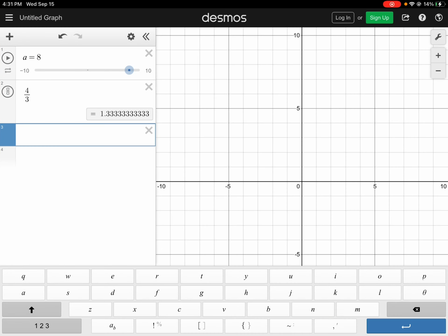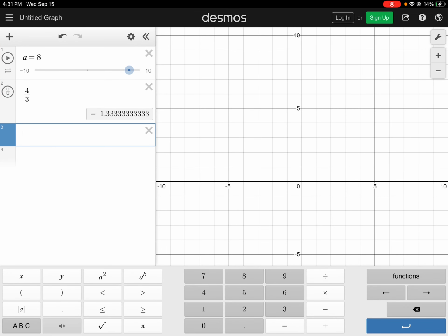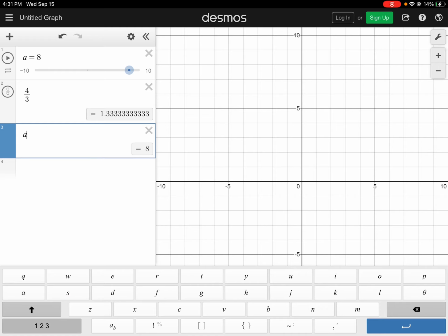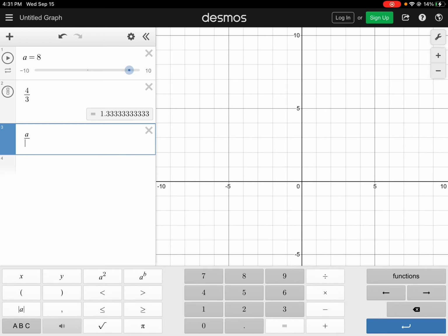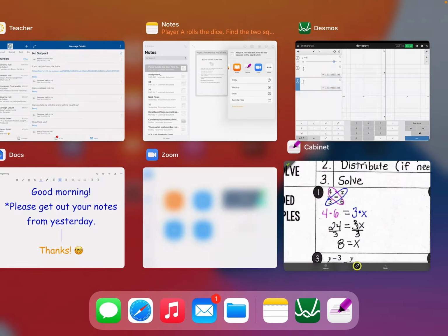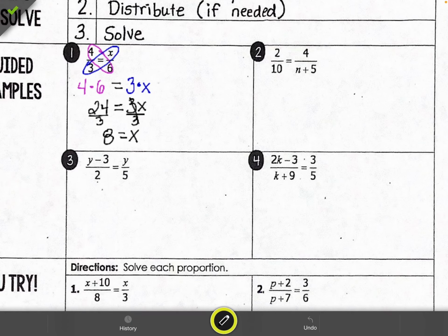Yes. We're going to type in A divided by 6. And if we got the right answer, the number that pops up should be that 1.3 repeating. And it is, so I know that I solved my proportion correctly. And I can check it, and move on.